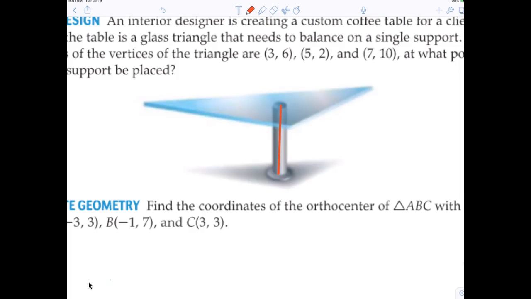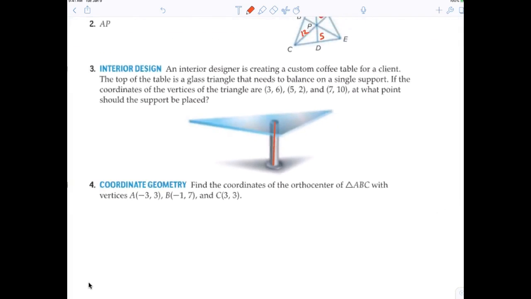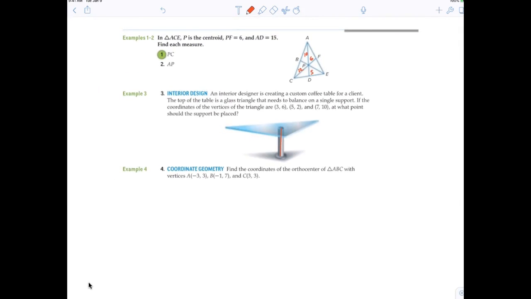So our objective now is to find that point. It's going to require some math, and then I'll show you a shortcut, but I still want to review how to do it with the graphing.